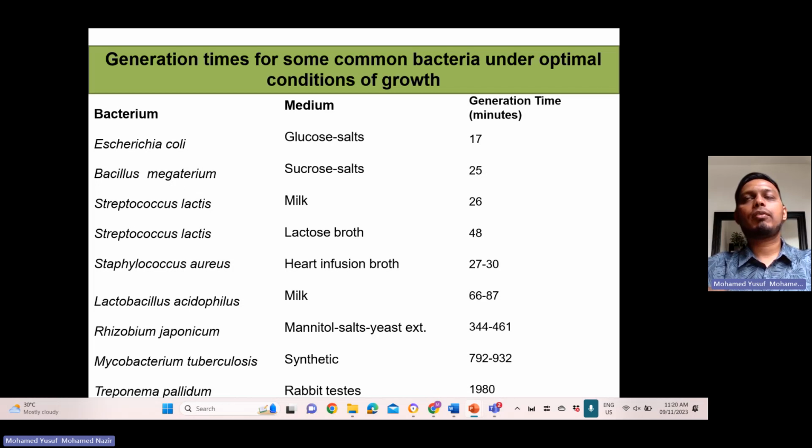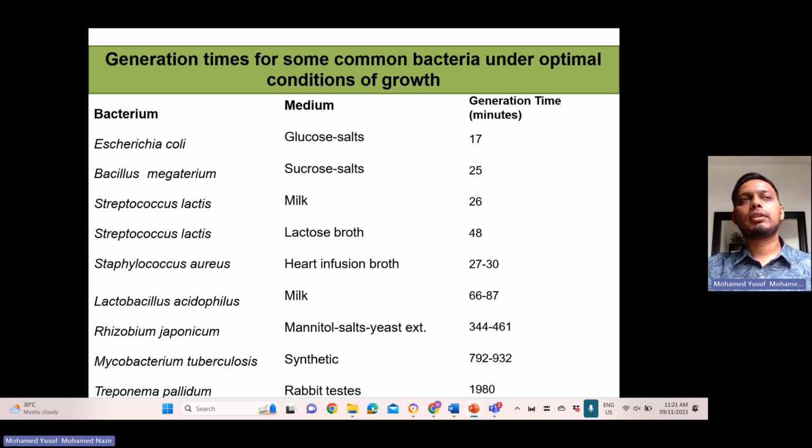Obviously, we notice that some microbes spoil food very quickly, and some microbes need a longer time to spoil the food. Or let's say you eat food that is contaminated with bacteria.